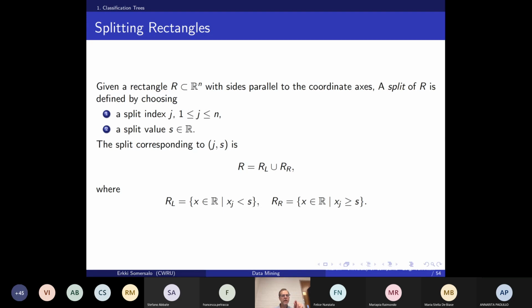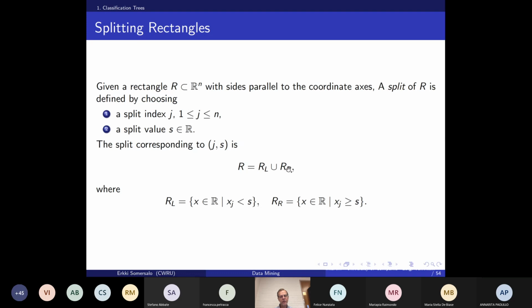How we choose this s and how we choose this j is exactly what tree training is about. At this point, we are just looking at, suppose you have j and suppose you have s, what happens? So we are splitting corresponding to (j, s). The splitting is given in pairs: j is the coordinate or attribute that you are using for splitting, and s is the value. And so then I'm splitting R in two pieces, R_L union R_R, and these are R.